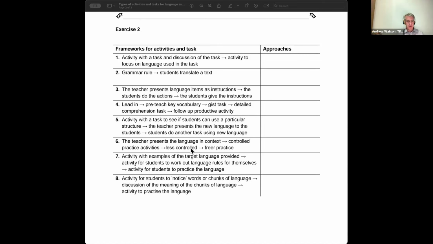Number 4 would be skills-based lessons, like reading or listening. Number 5 would be test, teach, test. Some of you know about.